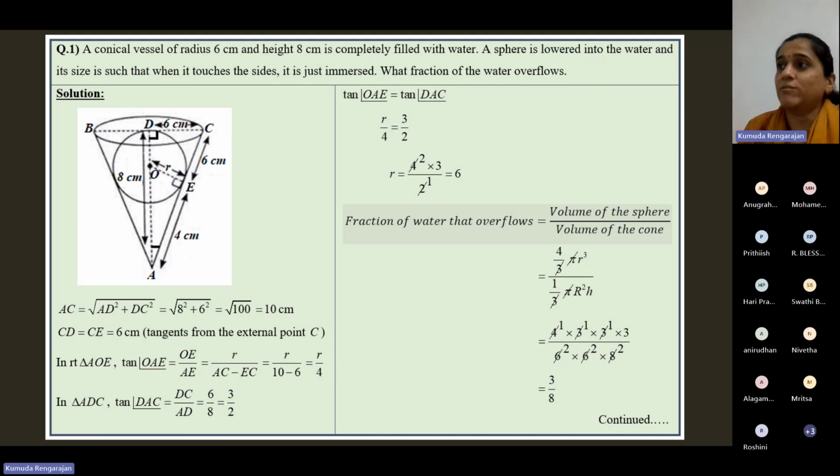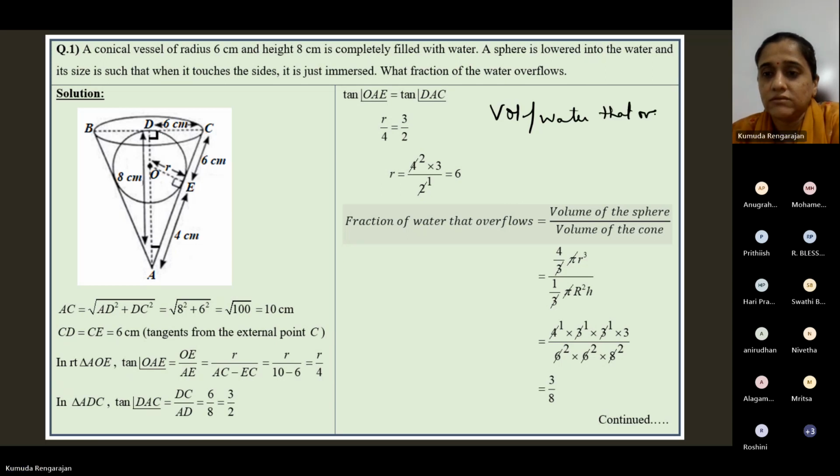In the same way, fraction of water that overflows will be the volume of water that overflows divided by the total volume of water. Correct?